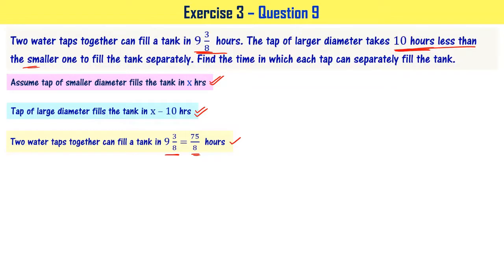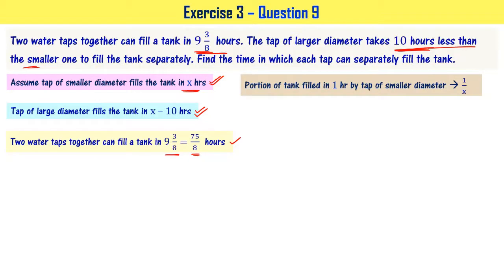What we are going to do now is find the portion of the tank filled by the tap of smaller diameter in 1 hour. It is going to take X hours to fill the whole tank, so the portion it fills in 1 hour is going to be 1/X, right?